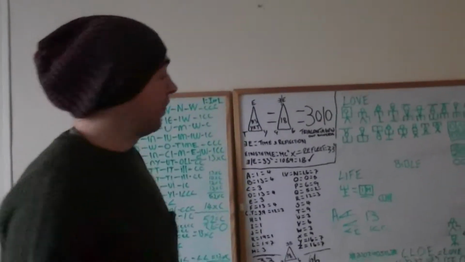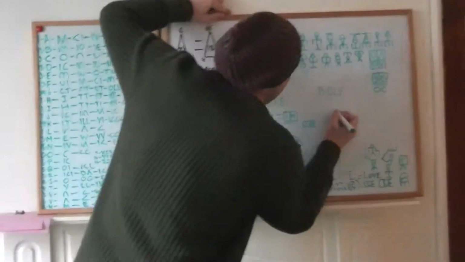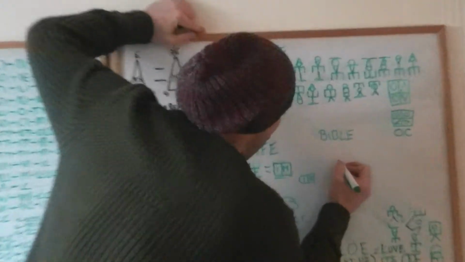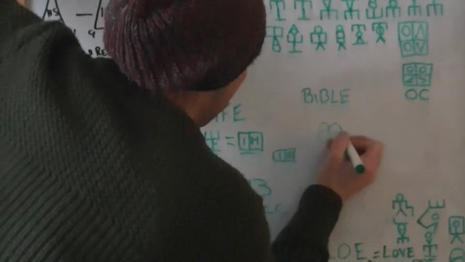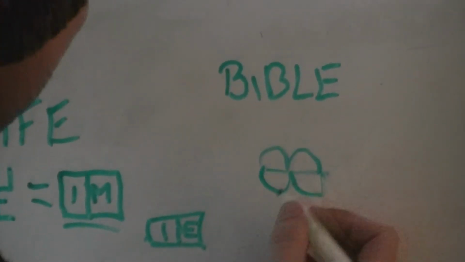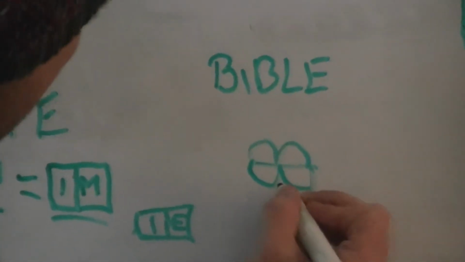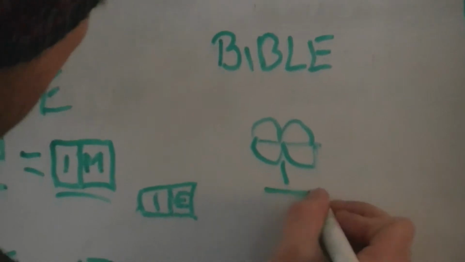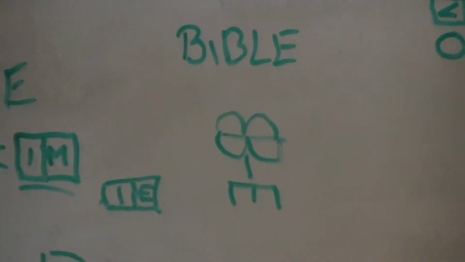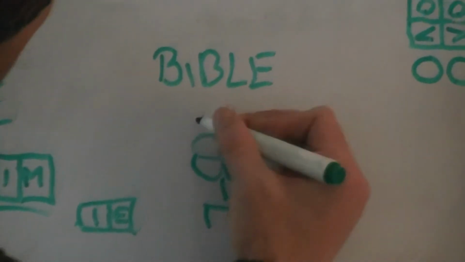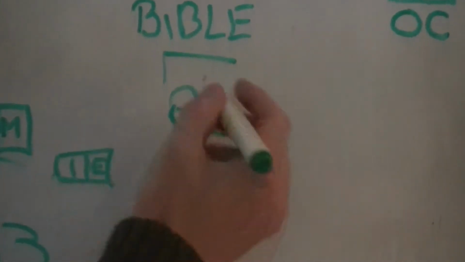So let's do something a bit funnier. Bible. Okay, so Bible, what we do is do that. There's the B, reflect it. There's another B. Take the I, take the E, and we get a nice little face. He's quite interested. And then take the L. You can give him a hat maybe. What you can even do is put that the other way around.